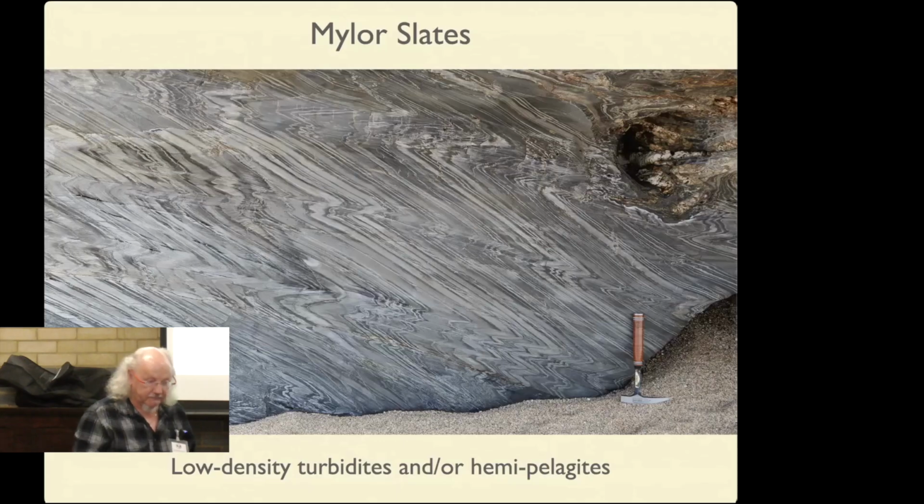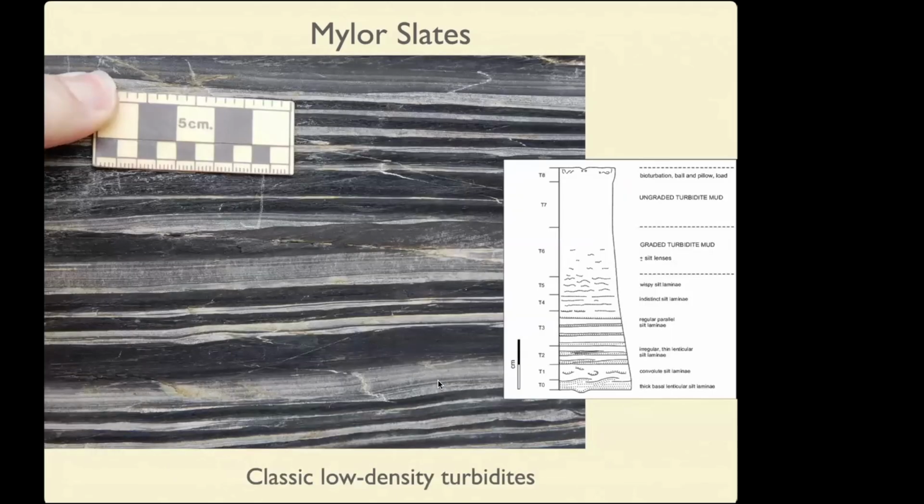But these are just beautiful. And this is the model, if you like, for low density turbidites, where you've got bands of things. Note the scale here, that's a centimeter. So multiple silt and sand laminae through here, and then back into mudstone.